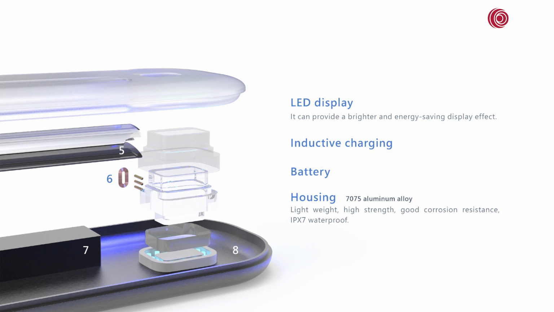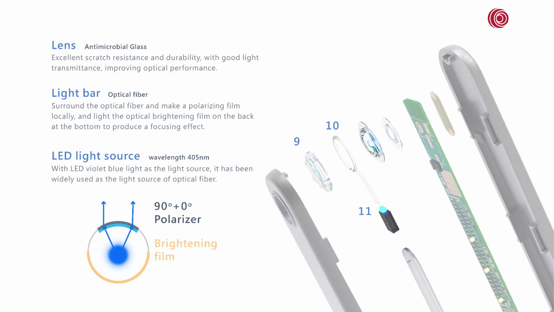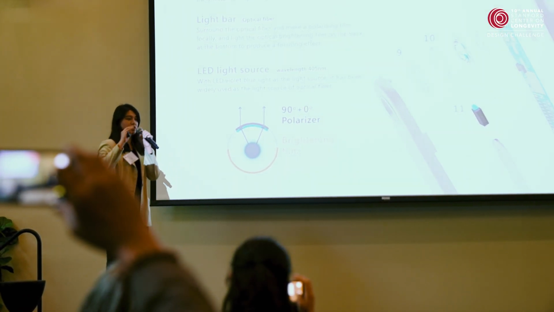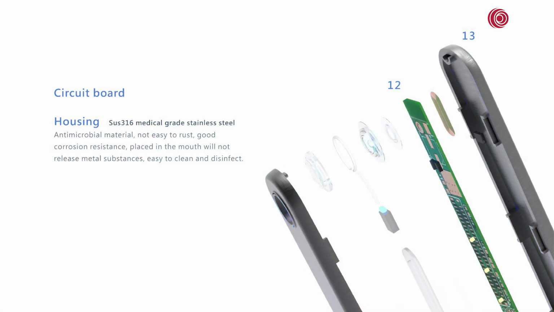The light bar with the optical fiber and the 90 degrees and 0 polarizer, and the brightening film at the bottom can increase the collection of the light. And this is the circuit board and housing in medical standard steel.